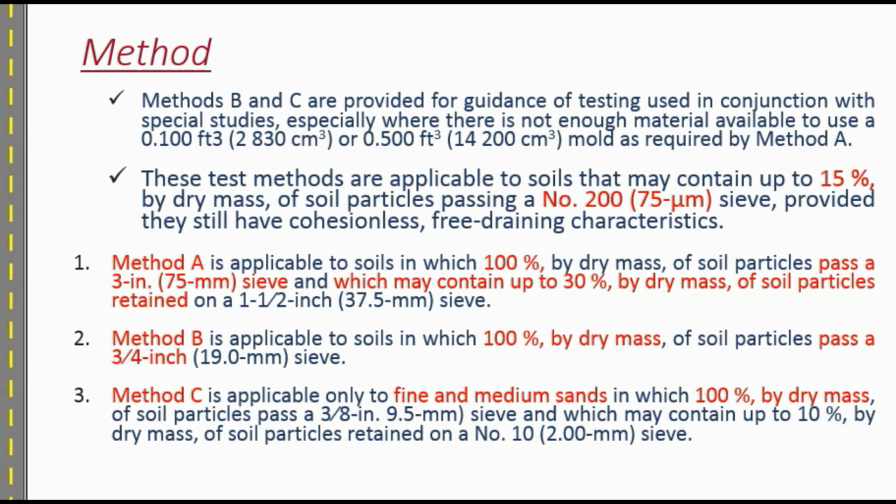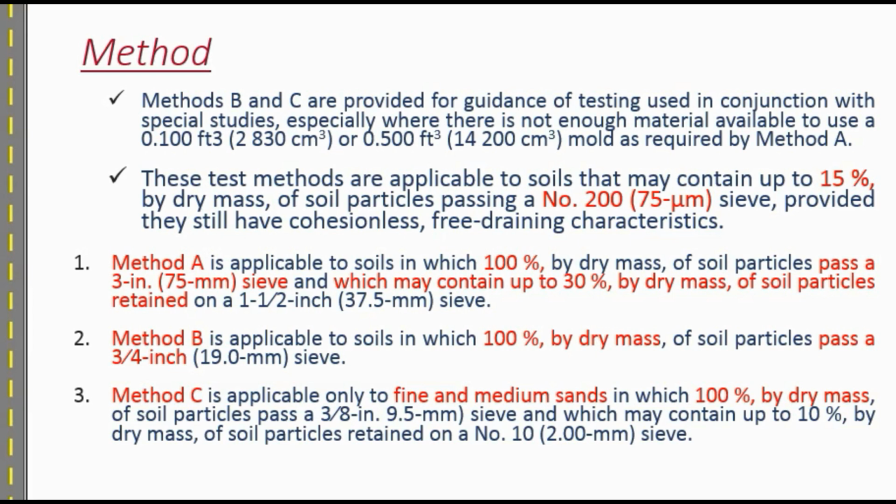Method A is applicable to soil in which 100% by dry mass of the soil particles pass a 75 mm or 3 inch sieve and which may contain up to 30% by dry mass of soil particles retained on the 37.5 mm or 1.5 inch sieve.